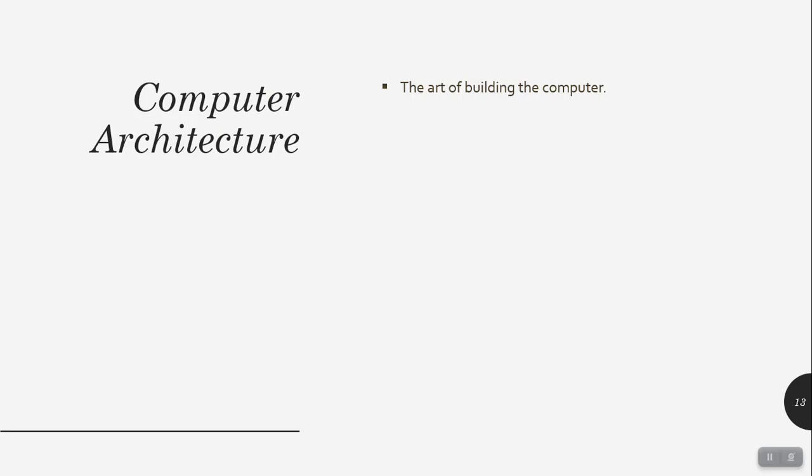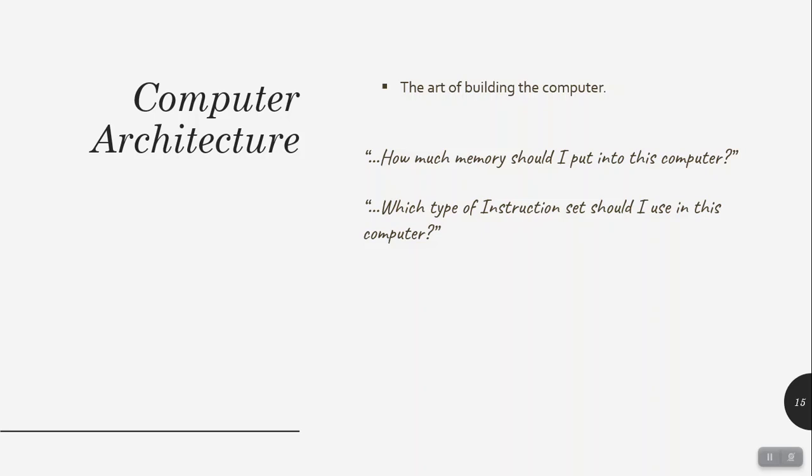And when building the computer, we always ask ourselves how much memory should I put into this computer and which type of instruction set should I use in this computer. So when we ask ourselves how much memory, we always want to have a much higher memory in order for us to carry out or cater some information to our computer.